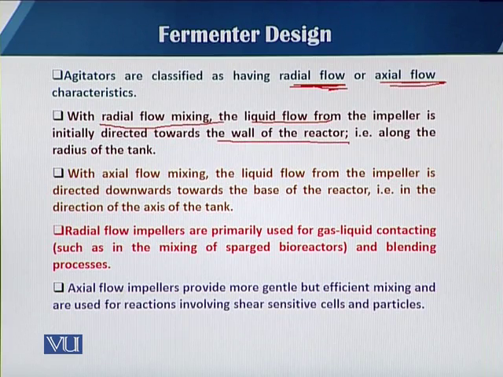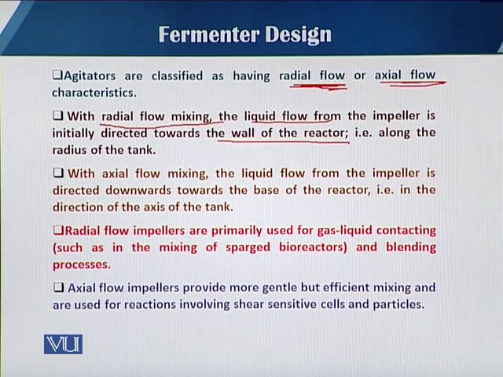When the impeller moves, the fermentation media is first pushed toward the wall of the fermenter, parallel to the radius of the fermenter. That's why it is known as radial flow.